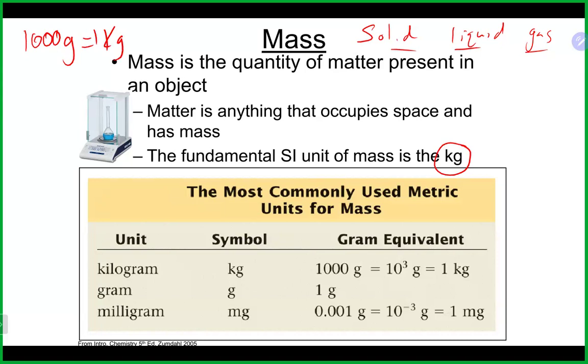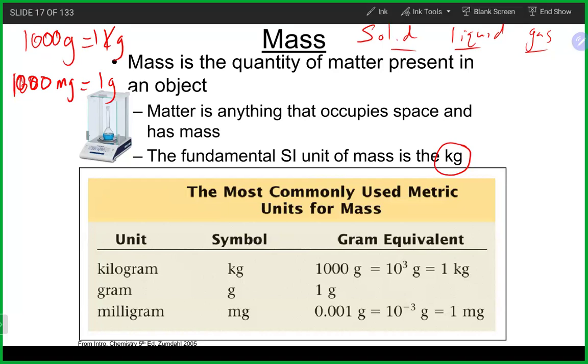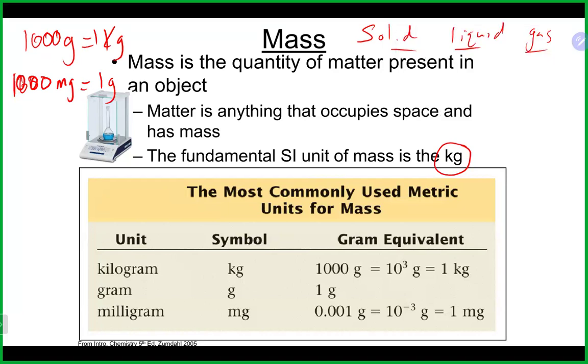That is also, like we talked about last time, the kilo prefix that we saw in that table, which was 10 to the 3. Also milligrams as well. There are 1,000 milligrams in 1 gram, as the milligram is a smaller value.